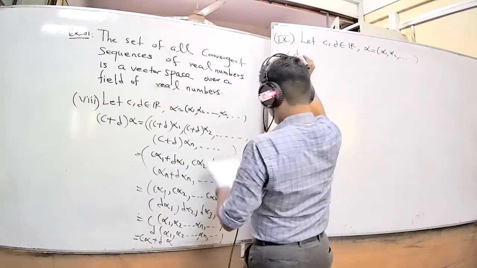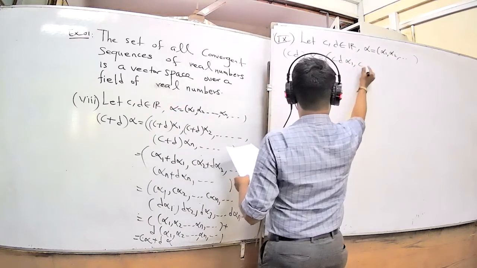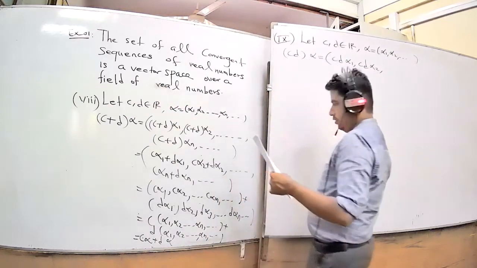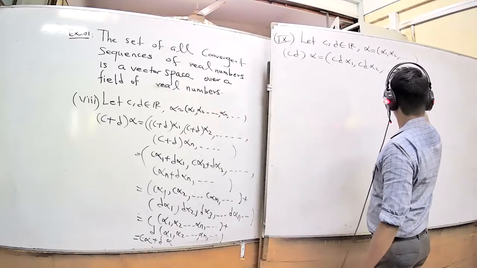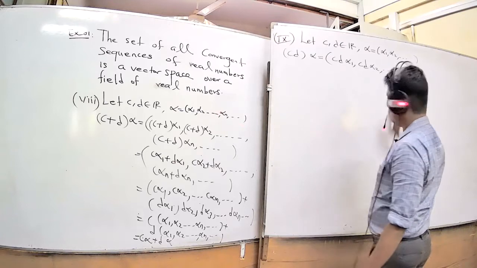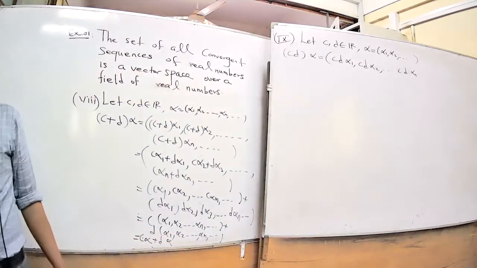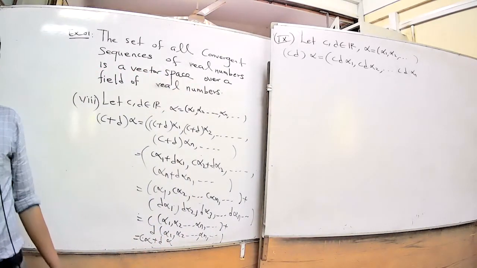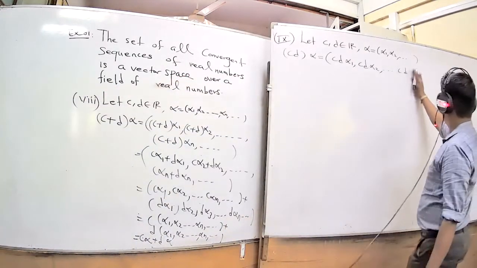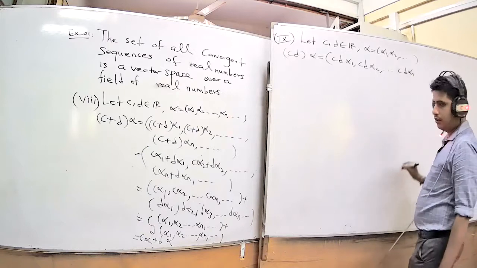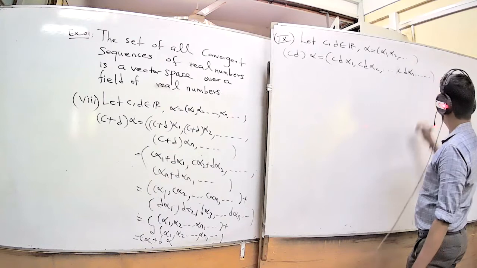Therefore, cd times alpha is (cd alpha 1, cd alpha 2, ..., cd alpha n, and so on).